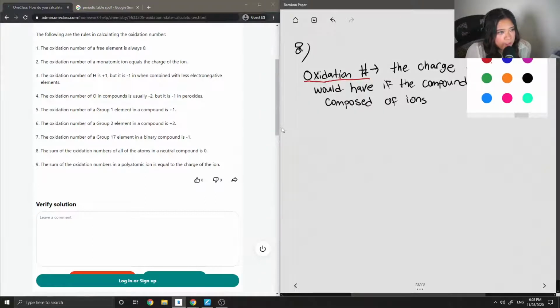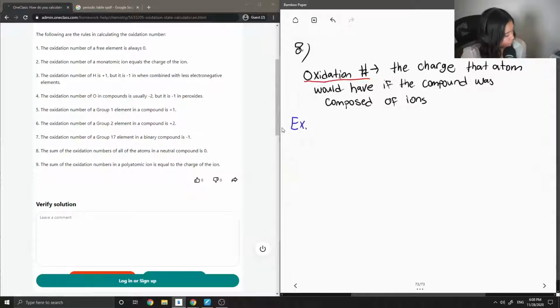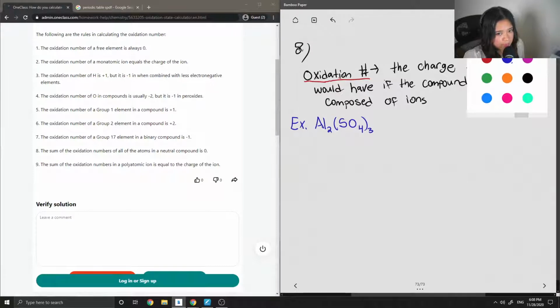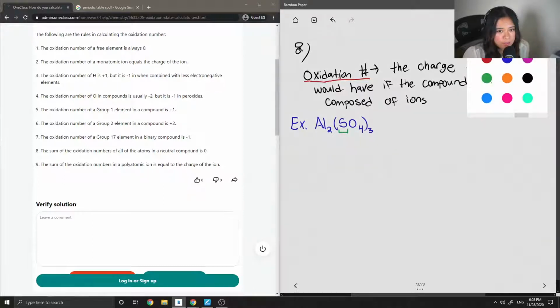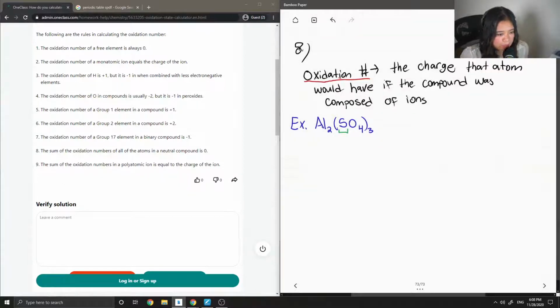Okay, so now that we know all of the rules, let's do some examples. Let's say we had aluminum sulfate, and we want to find the oxidation number of the sulfur atom. So this compound is neutral, so I'm going to write a 0.